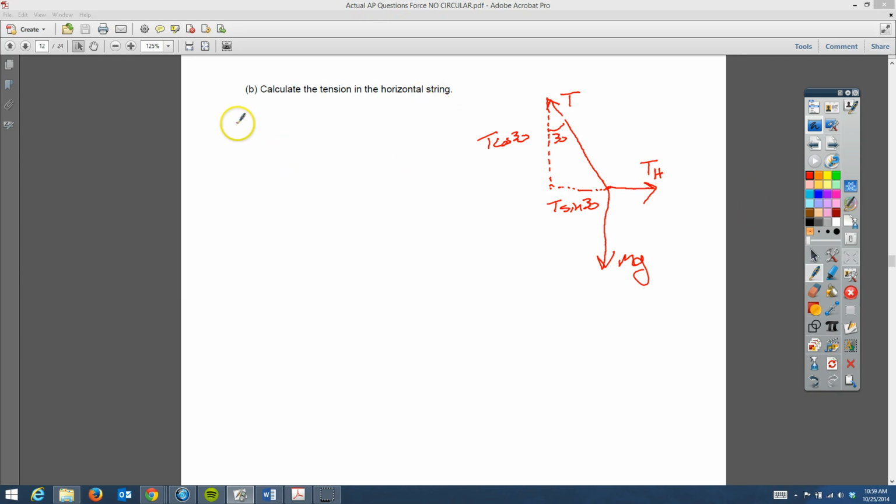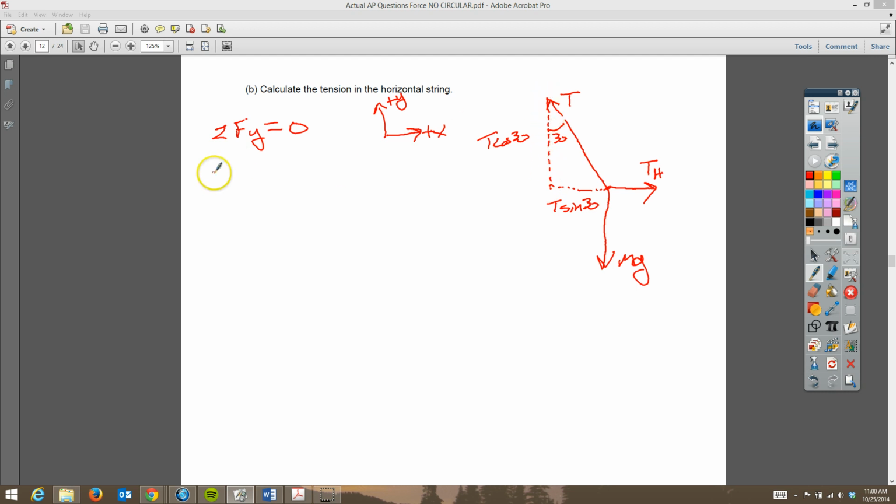Let's go through and just kind of check all of our forces. So we're going to say sum of the forces in the y direction. So let's go ahead and define this positive y. And we want to define this as positive x. And that is equal to 0. Why is it 0? Because it's not moving, so there's no acceleration here. We have in the y a couple things.